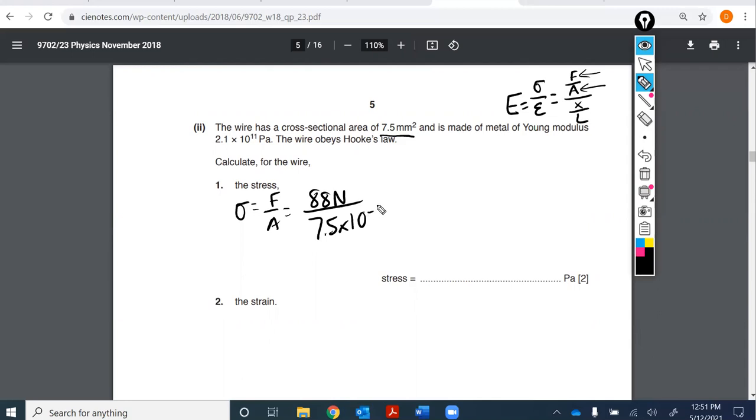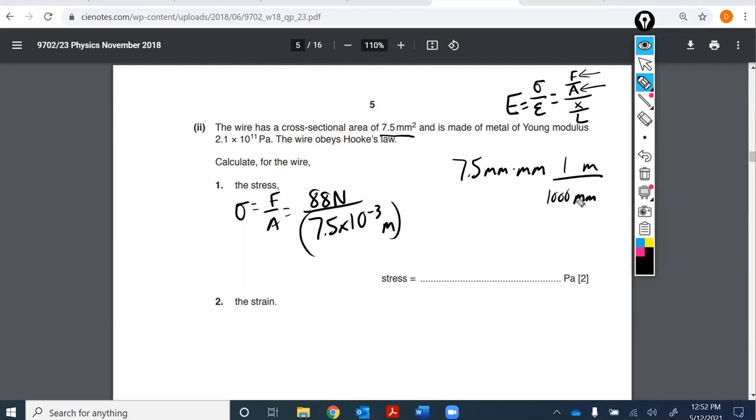7.5 by 10 to the negative 3, so millimeters. Wait a minute. If we had 7.5 millimeters squared, and we want to convert that into meters, we've got to do that twice. There's 1,000 millimeters per meter, and that would cancel out one of them, so we've got to be mindful of converting square units.